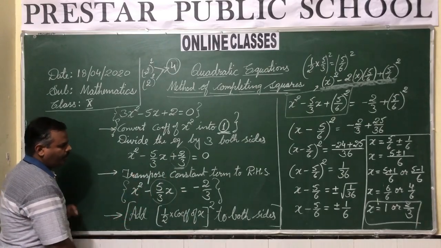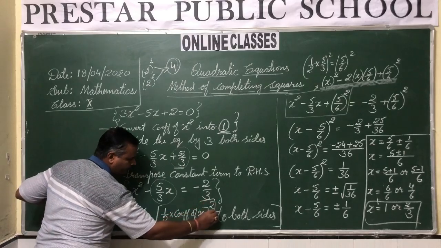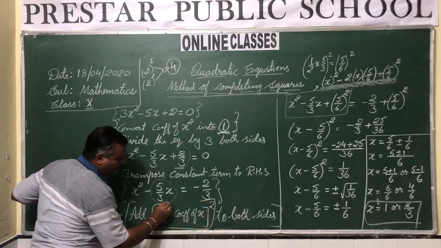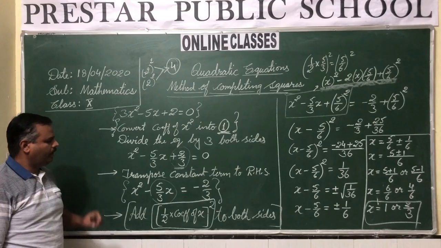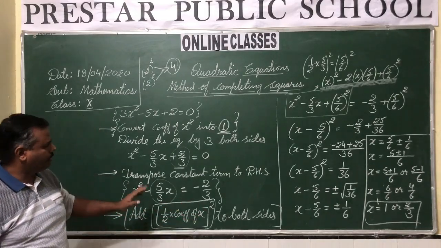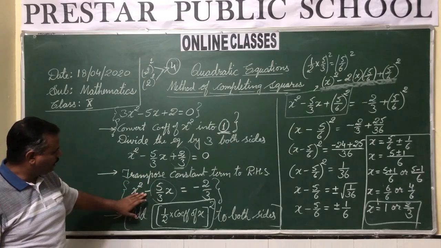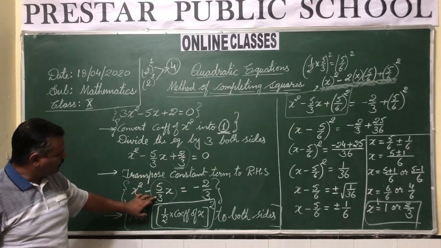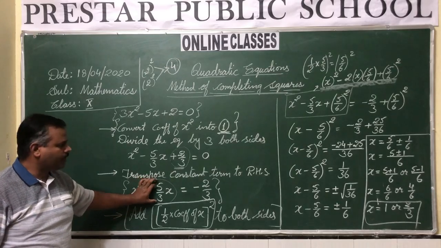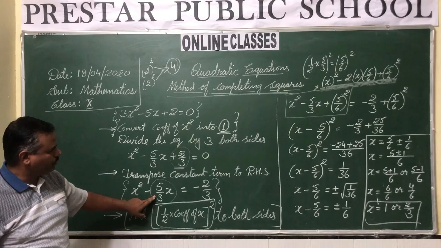In the third step, we have to add the square of half the coefficient of x to both the sides. So here the coefficient of x is 5 upon 3. Neglect the sign whatever it is, only take the numerical value, that is 5 upon 3, and if you take half of 5 upon 3, it is 5 upon 6.